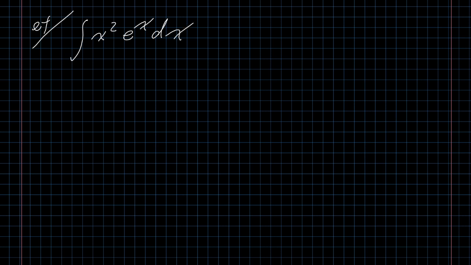I'm going to look at one more example. The integral of x squared times e to the x dx. This one is notable. It follows the same pattern as the first one we did. We've got a polynomial and we've got an exponential.